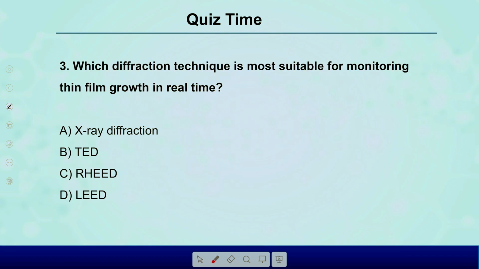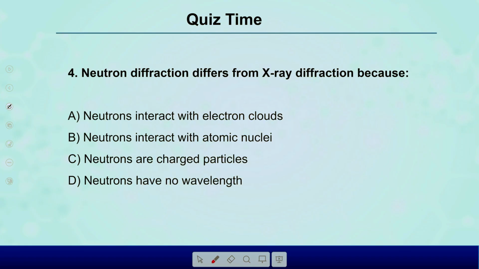Third question, which diffraction technique is most suitable for monitoring thin film growth in real time? X-ray diffraction, TED, RHEED, that is reflection high energy electron diffraction, and LEED. Fourth question, neutron diffraction differs from X-ray diffraction because neutrons interact with electron clouds, neutrons interact with atomic nuclei, neutrons are charged particles, neutrons have no wavelength.